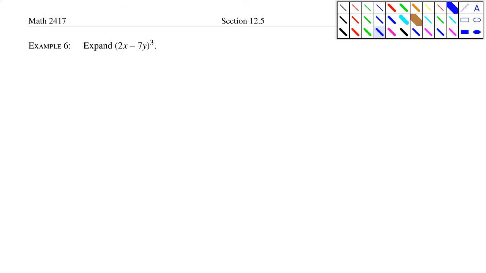Example 6. Expand 2x minus 7y to the 3rd power. So again, we need to pull up Pascal's triangle here. So it'll be 1, 3, 3, 1. And this is going to be blank. Now this time, our first term is 2x, and our second term is -7y.